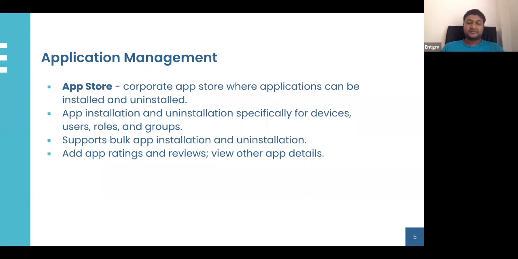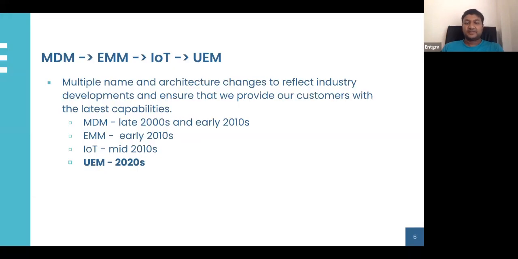You might notice the product version that we are talking about here is called Entgra UEM Server 500. If you have been with us over the past few years, you might notice we have gone through a couple of different changes of the product naming. All of these naming changes had certain reasoning behind them.